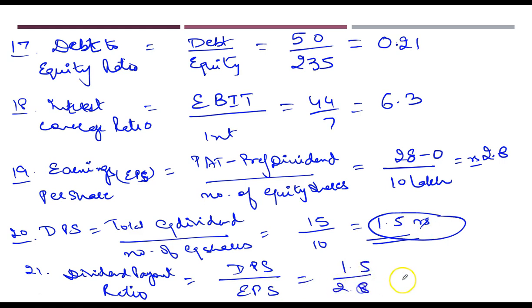So 1.5 divided by 2.8 into 100, which comes around 54%. Dividend payout ratio is calculated by dividend per share divided by earnings per share.